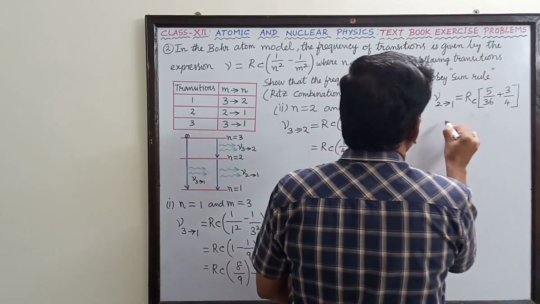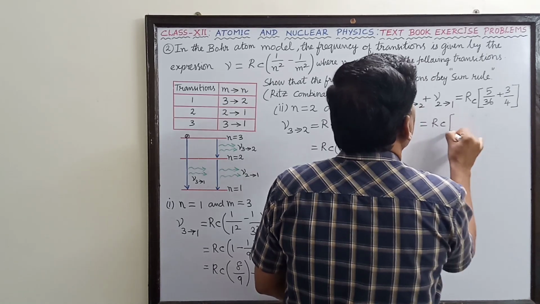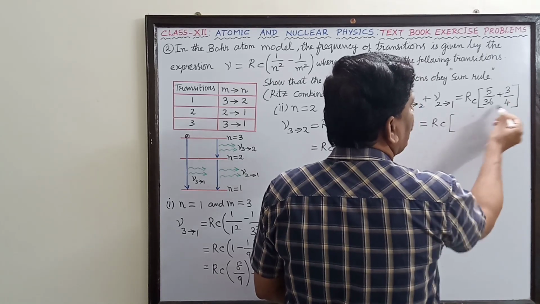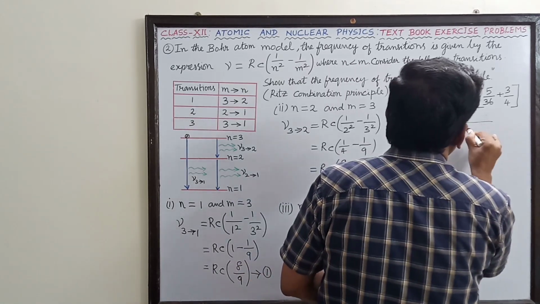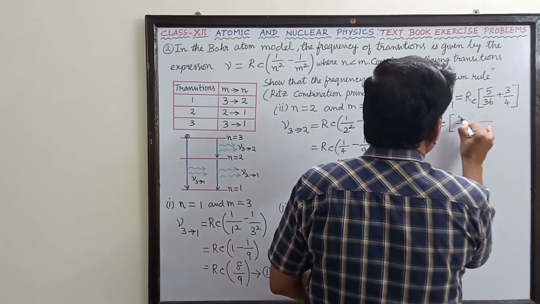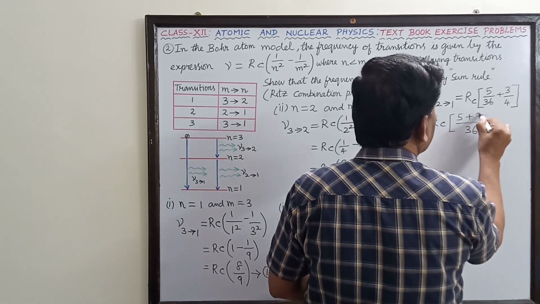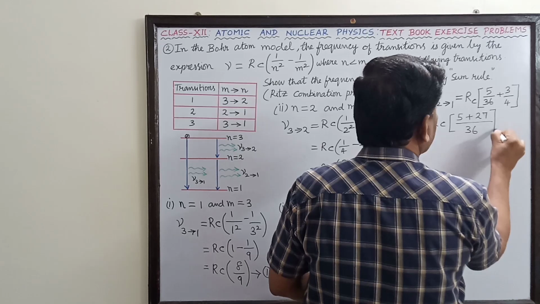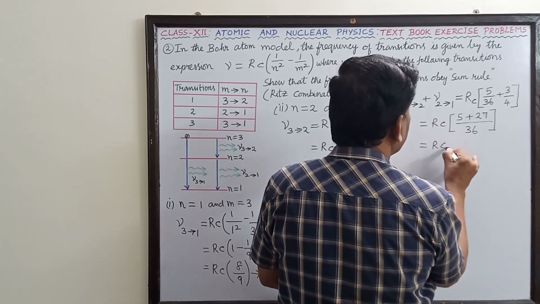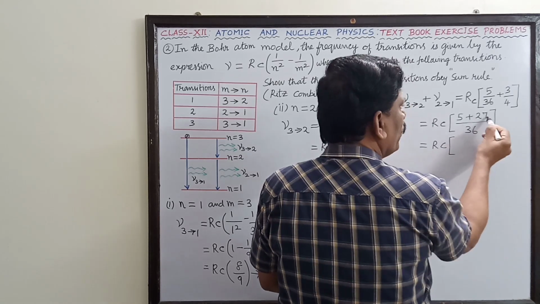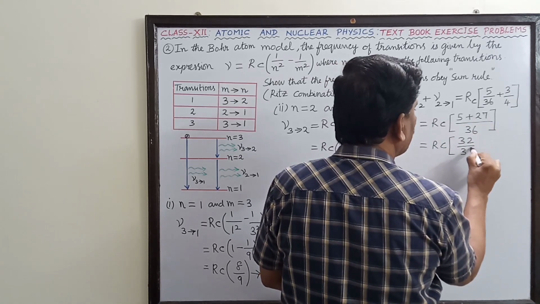So this is now equal to R into C into, taking LCM, which is 36, 5 plus 9 4s are 36, so 9 3s are 27. So this is now equal to R into C into 27 plus 5, that is 32, divided by 36.